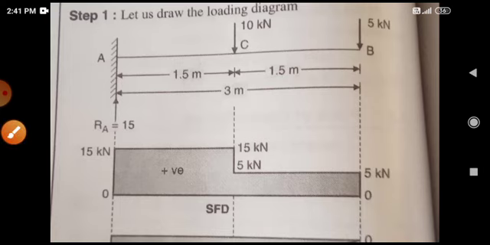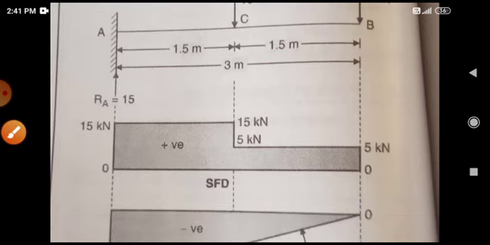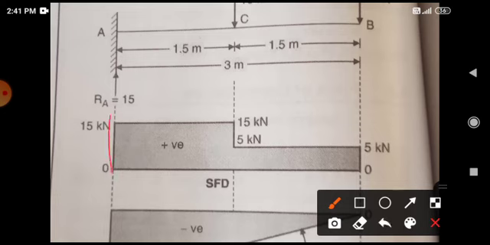Now let's draw the shear force diagram. As the reaction is upward, we take the shear force diagram upward 15. Then there is no load up to point C, therefore the shear force will be constant up to point C. But just at point C, there is a downward force of 10 kN. Therefore we have to subtract that 10 kN.